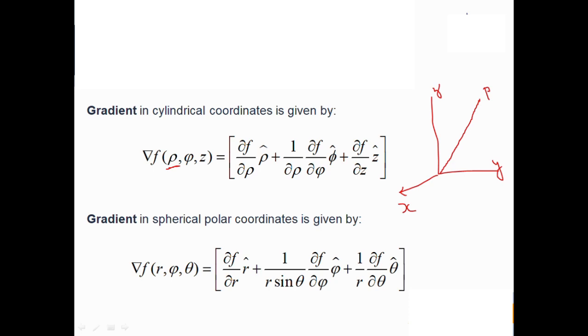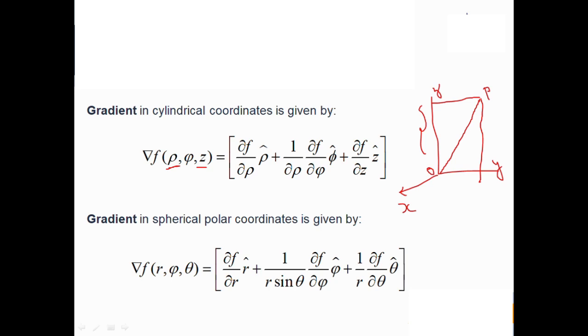For the cylindrical coordinate system, the third coordinate z is basically the height of this point from the origin, or from the xy plane. If this value is, let's say, 5 units, then your z coordinate is 5 units.